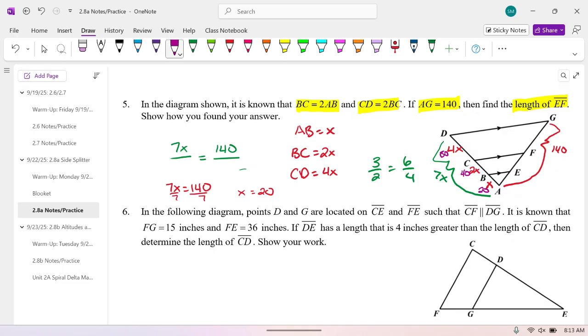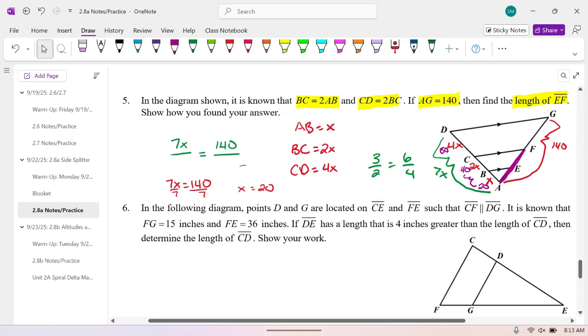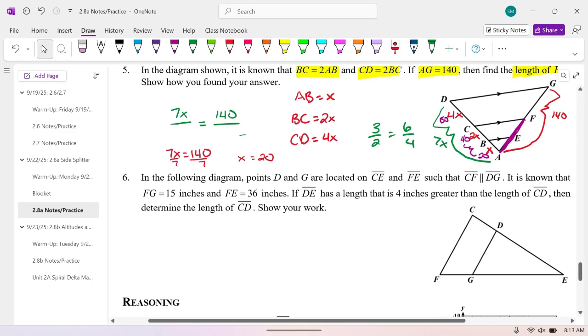Now, in terms of the proportion, it wants us to find the length of EF, so this length right here. If we use side splitter, given what we got, if we added these two together, that would give us 60. And we know 7 times x is 140.